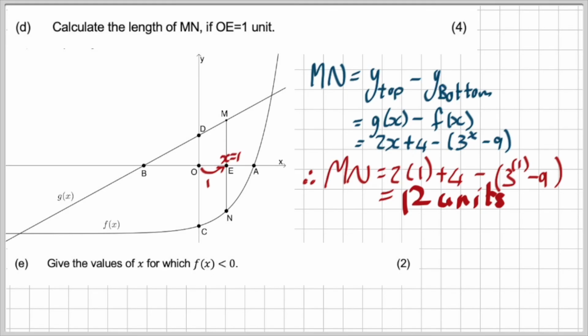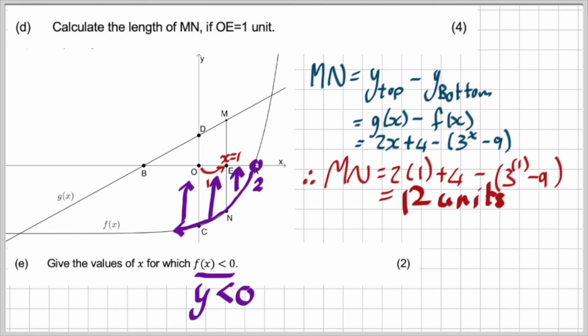Then we get to the last question. Give the values of x for which f of x is smaller than naught. Where is f of x smaller than naught? Well, remember, f of x is the y values. So in other words, where are the y values of the exponential graph smaller than naught? Well, that's all that purple highlighted part. Now, of course, it goes on to negative infinity. But the question is, give the x values.